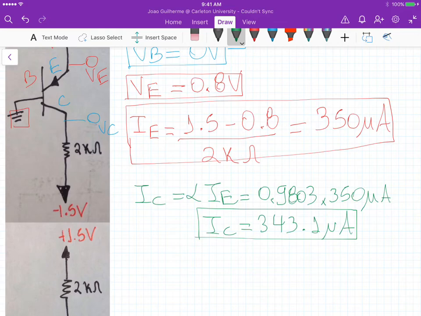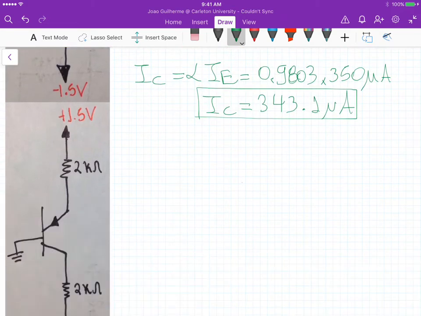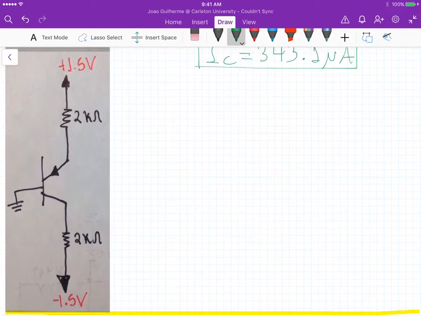And let me see, we know IC, so let me go to the circuit again. So remember, the collector is here, right? Here. This is VC. And we have the collector current flowing down here. So this is IC.